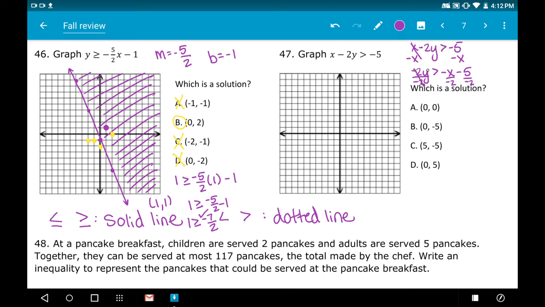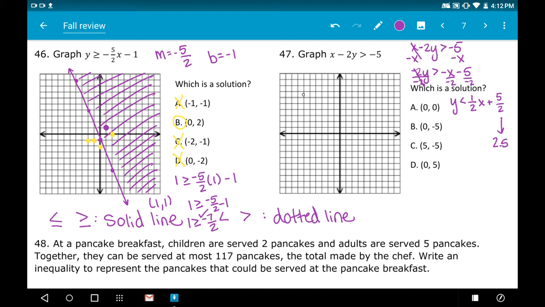But remember, with inequalities, if you divide by a negative, you have to flip this sign. So this is going to become y is less than -1 divided by -2 is +1/2 x. -5 divided by -2 is +5/2. Now +5/2, if you convert that to a decimal, you get 2.5.